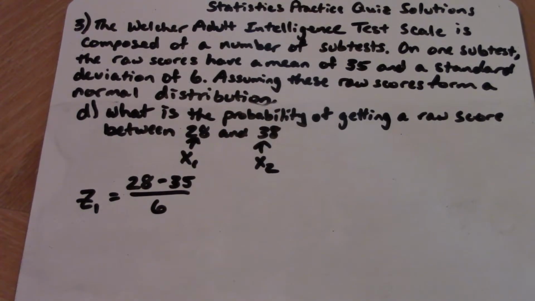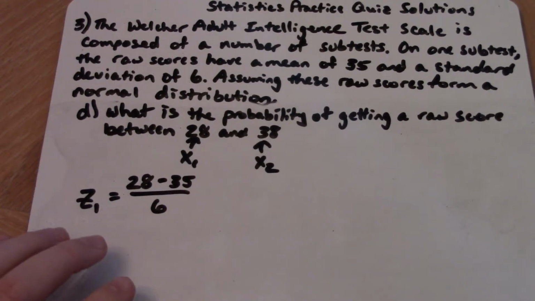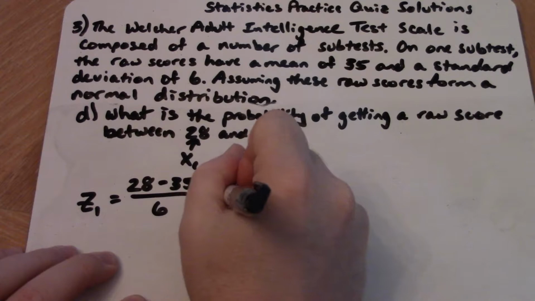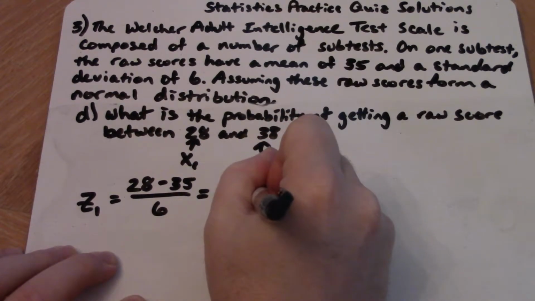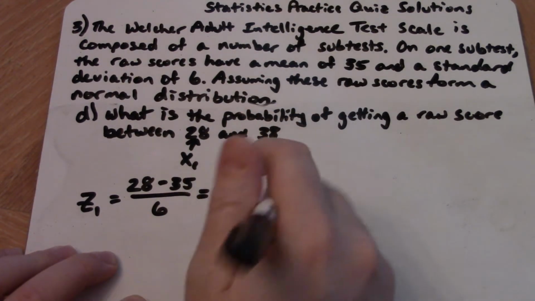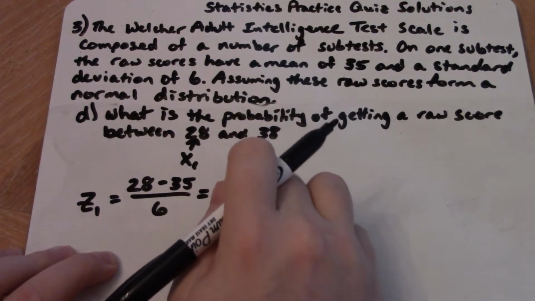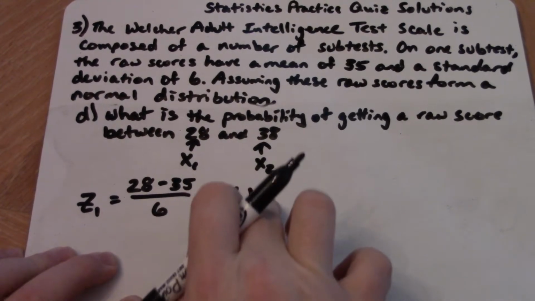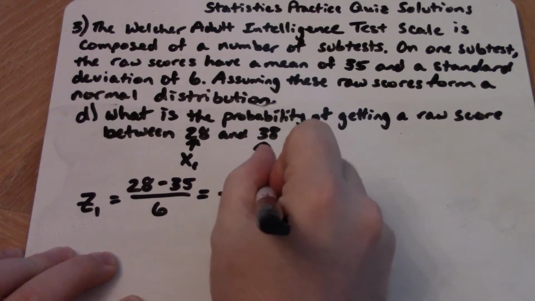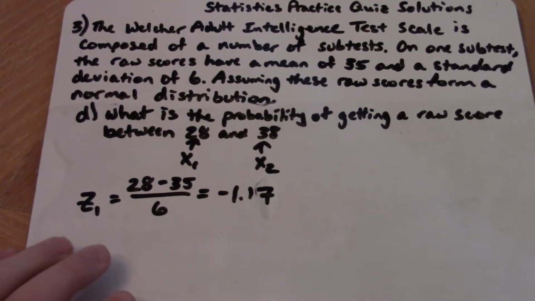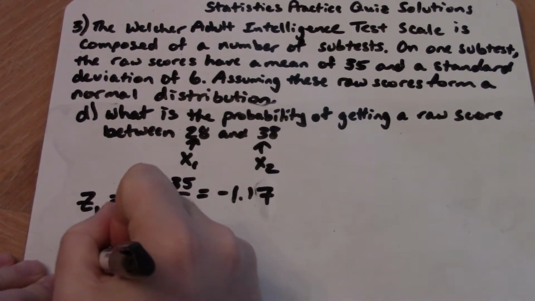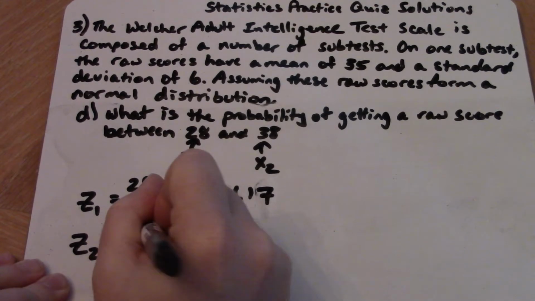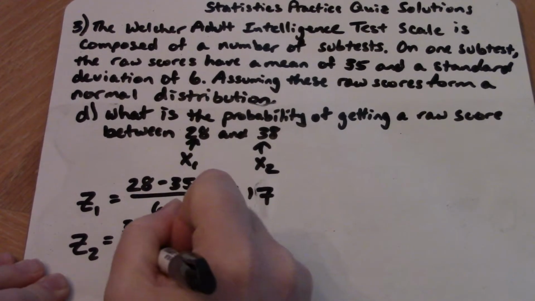So 28 minus 35 divided by 6 is going to be a z-score. Again, we're going to round that to the nearest hundredth, which is negative 1.17.